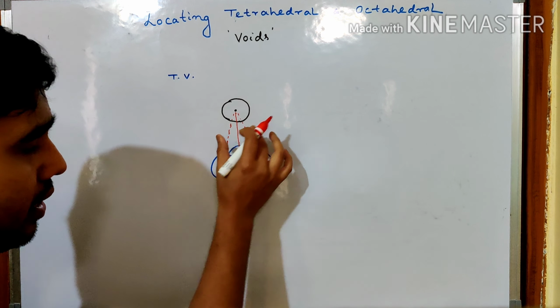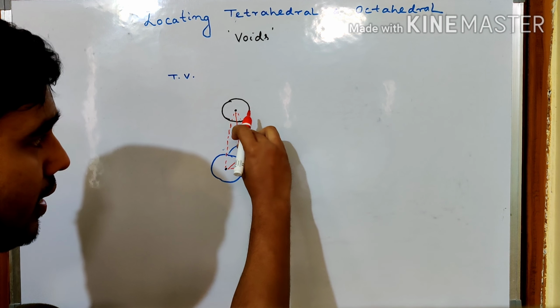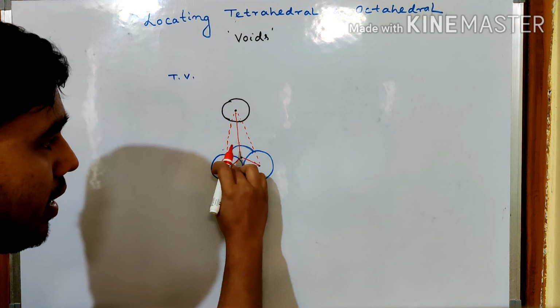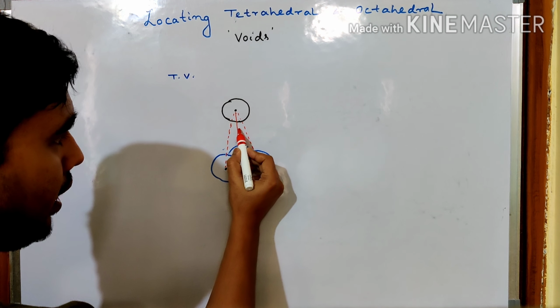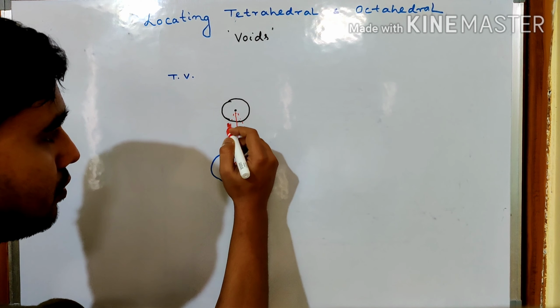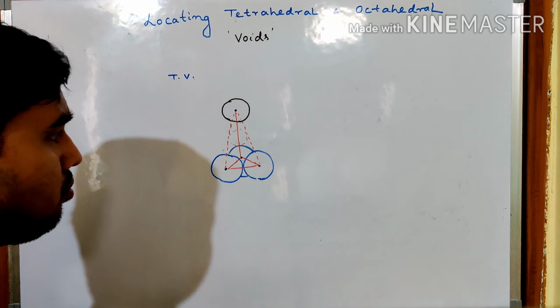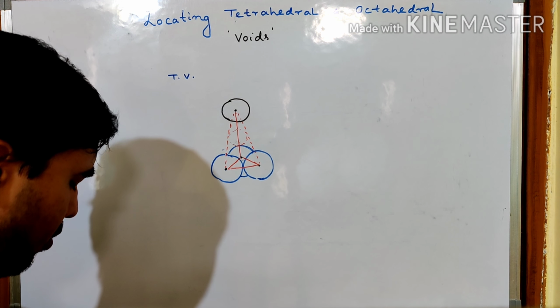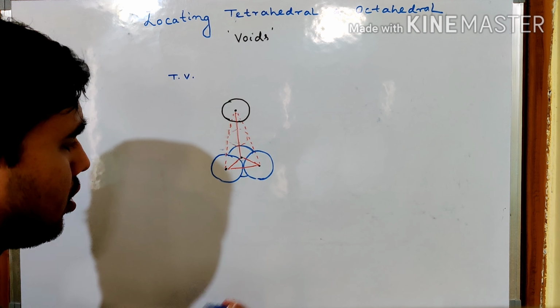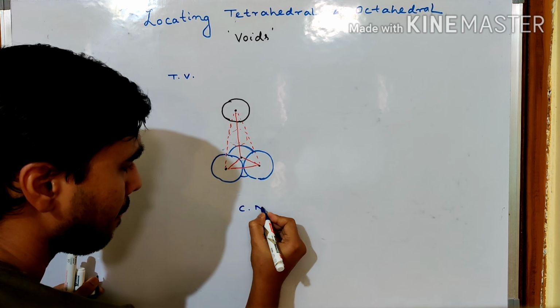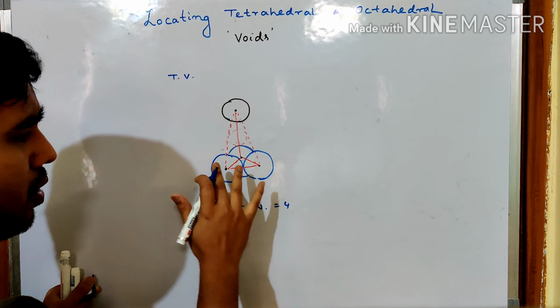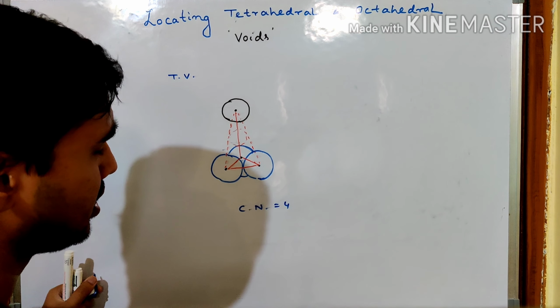See the vacant space here. If an atom is placed here, it will be connected to 4. If an atom is placed here like this, in this vacant space, it will be connected to 1, 2, 3, 4 atoms. So for tetrahedral voids, the coordination number is actually 4 because it is connected to 4 atoms.